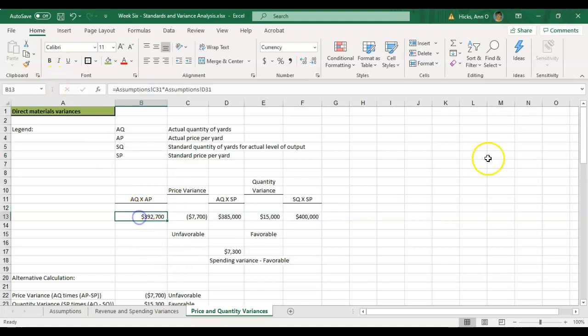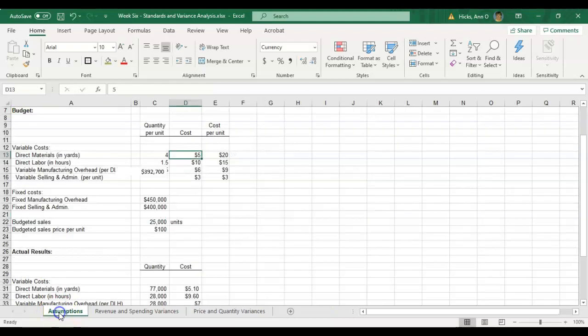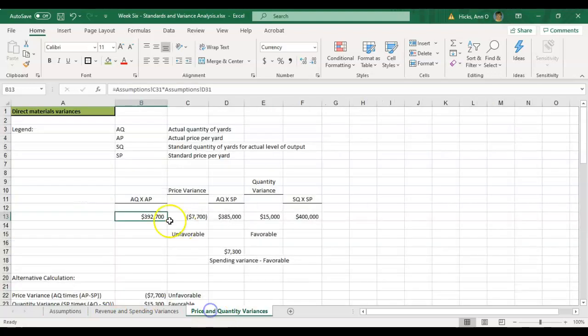In the far left corner, you'll see AQ times AP, which is our actual quantity times actual price. So it's strictly the 77,000 times the $5.10. Then over to the right, you see SQ times SP, standard quantity times standard price.